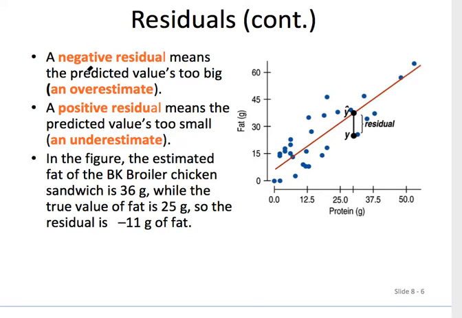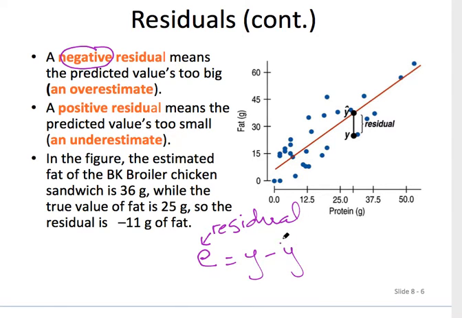Okay, so a negative residual, remember e, we'll see that later, this is the residual, is equal to y minus y hat. When this value is negative, that means that the predicted value is too big.